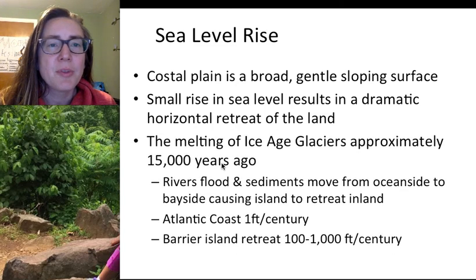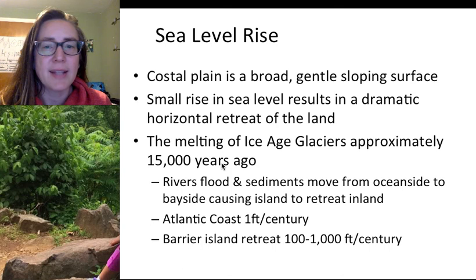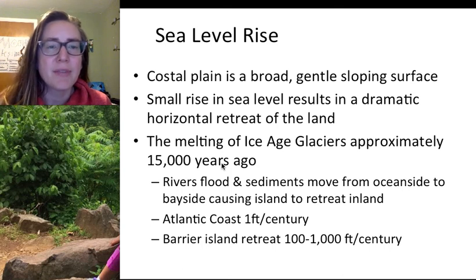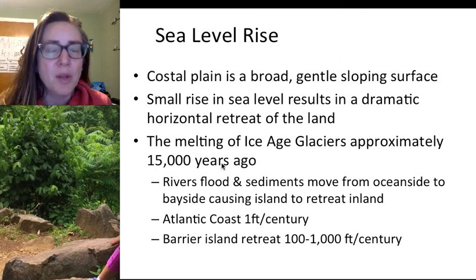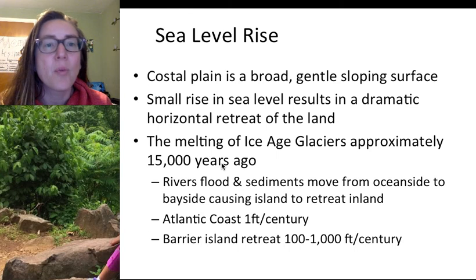And we can really attribute the sea level rise to our last ice age. So the melting of the glaciers from the ice age about 15,000 years ago allowed a lot of the barrier islands that we have to form from that slow release of water into our ocean system.